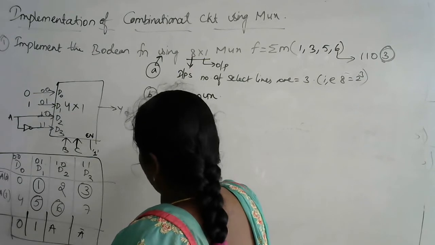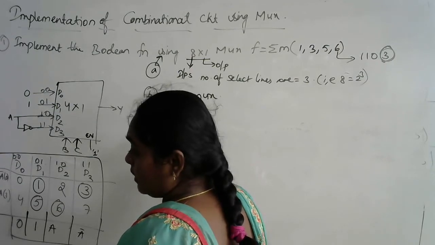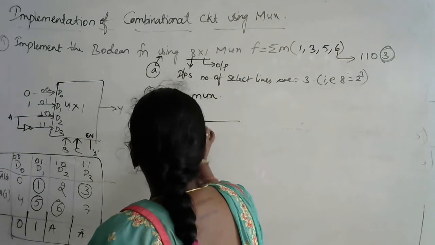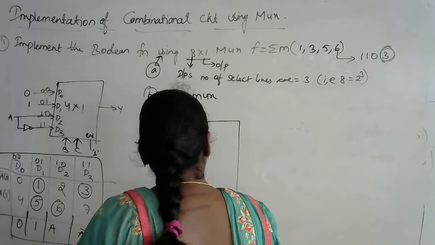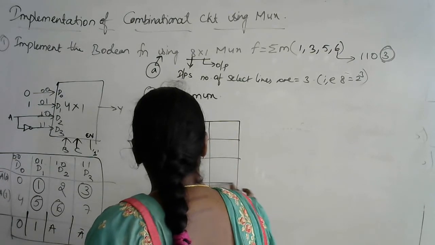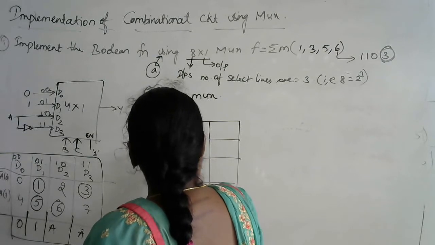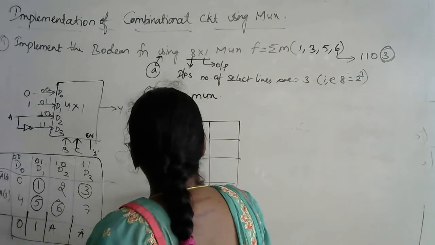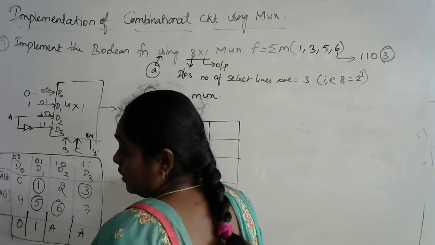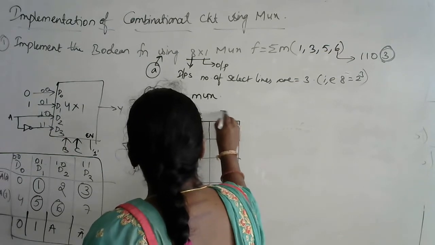If C is input, I can write this in such a way that I am assuming C as input. This is 0 0 0 1 1 0 1 1. This is D0, D1, D2, D3. Now this is C bar and C.